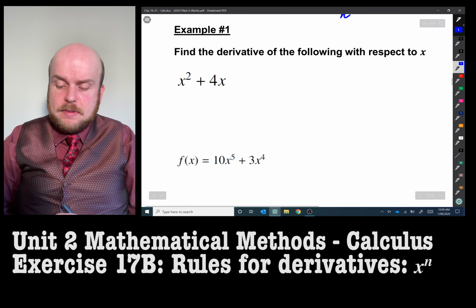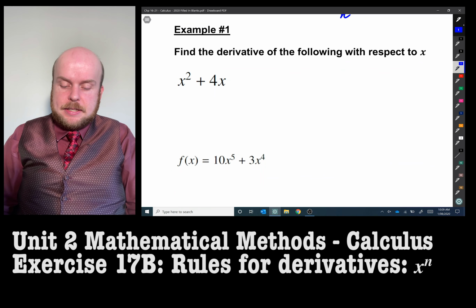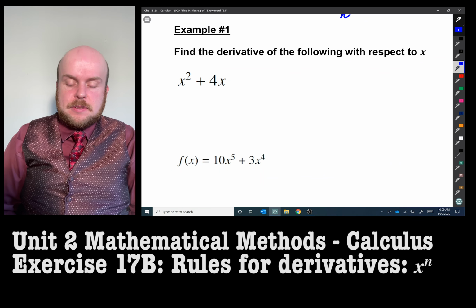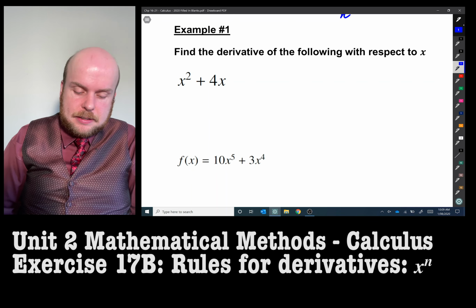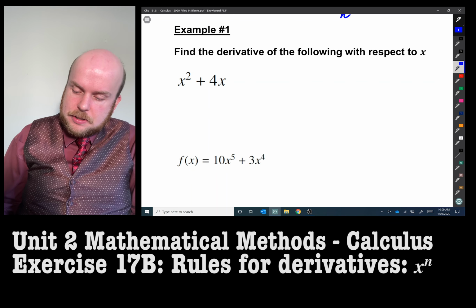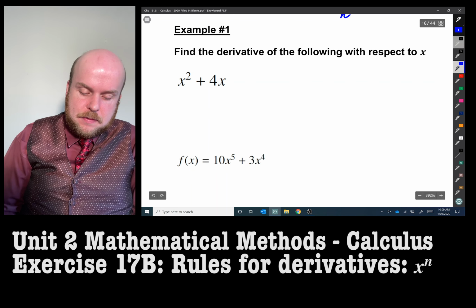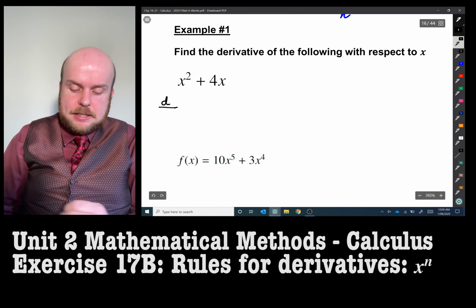Find the derivatives of the following with respect to x. 2x squared plus 4x. So now I'm going to use a different notation because there's no y and because there's no f of x. I'm actually just going to write the derivative or the change with respect to x like this.